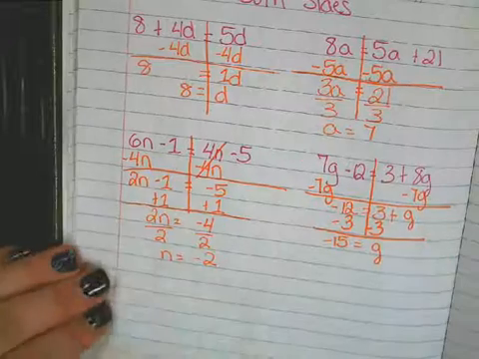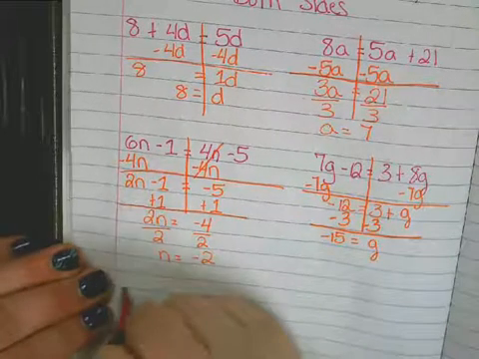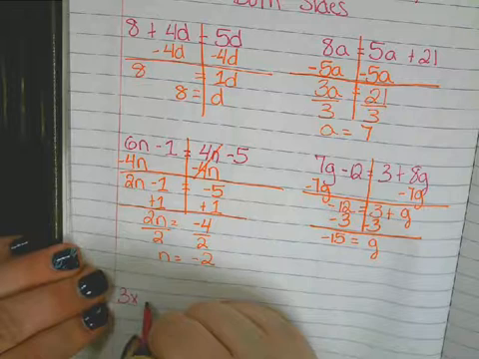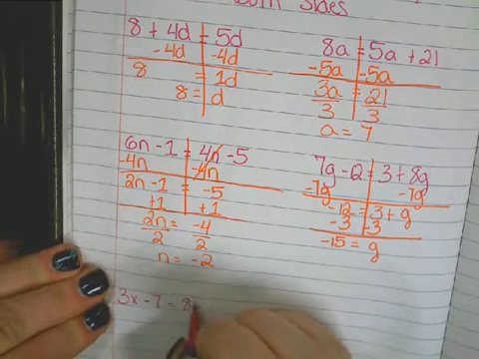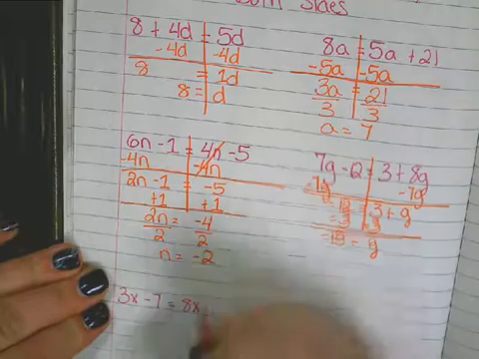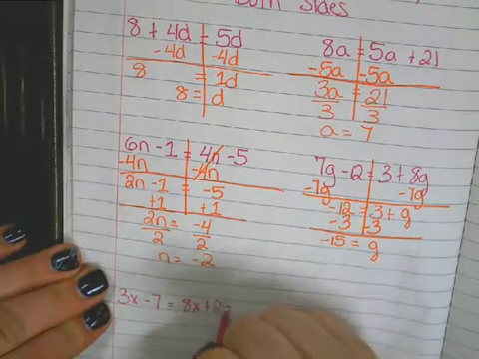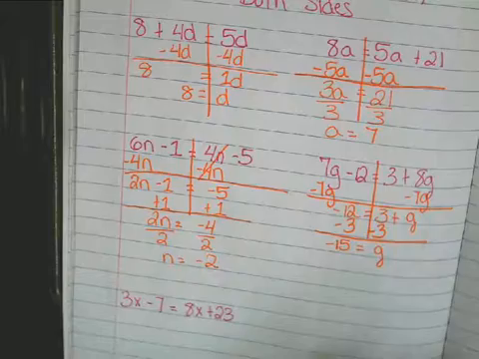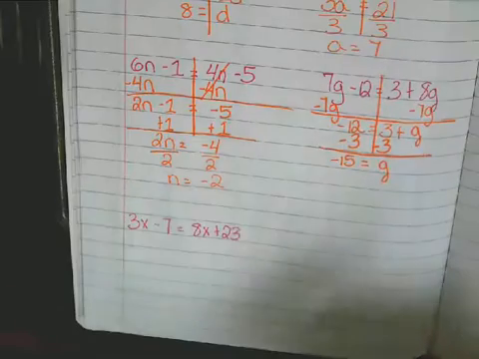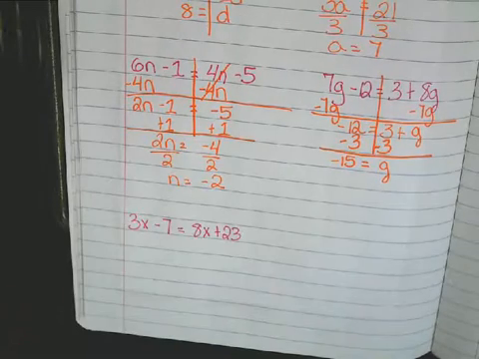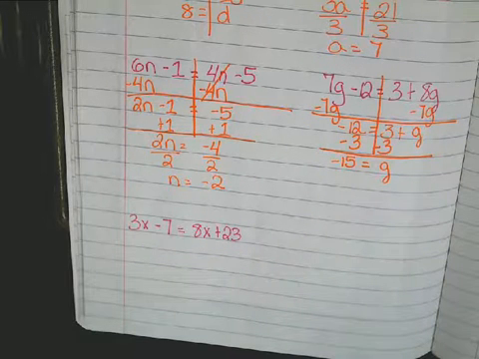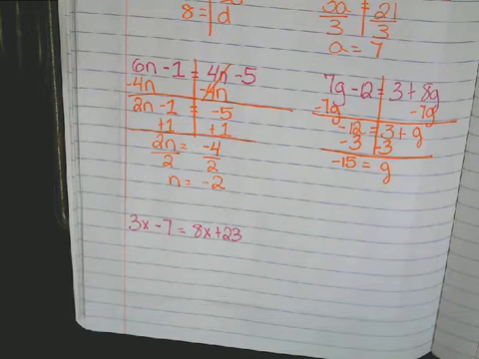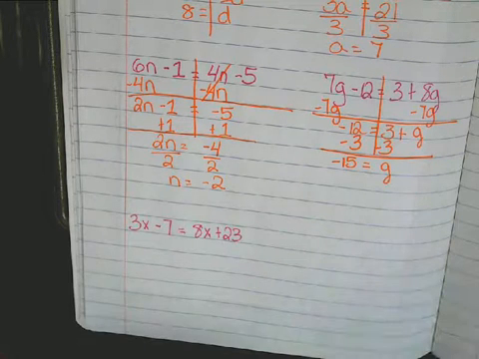3x minus 7 equals 8x plus 23. Alright, draw your line through the equal sign.